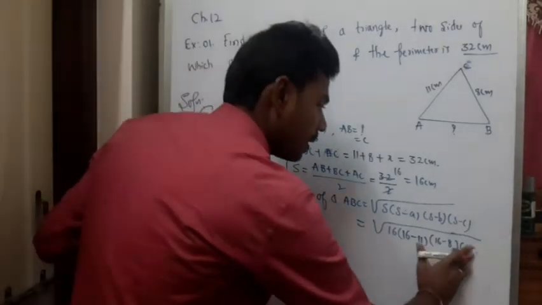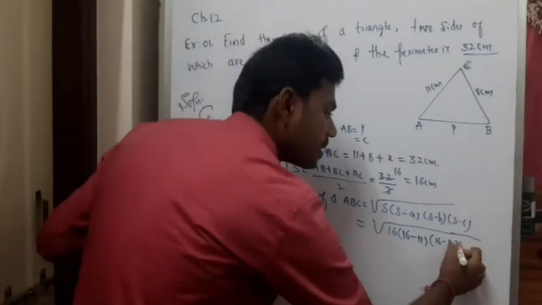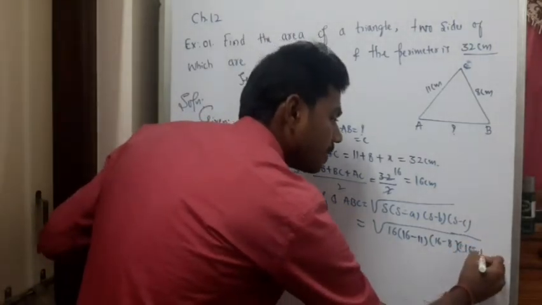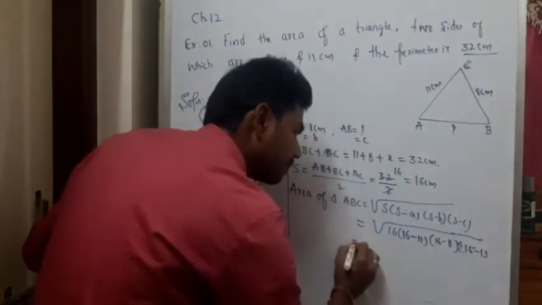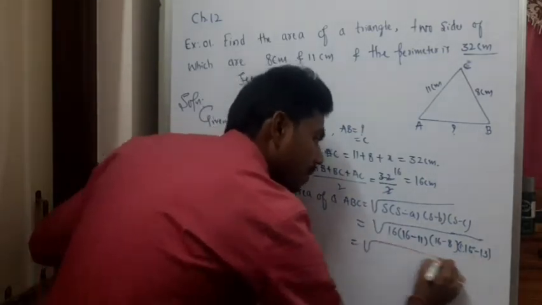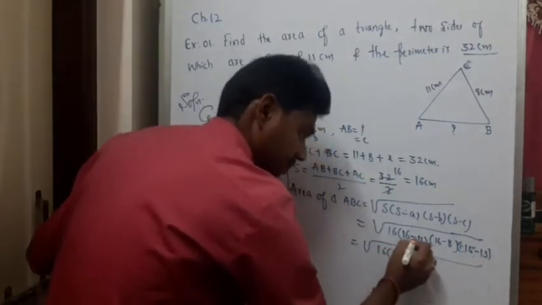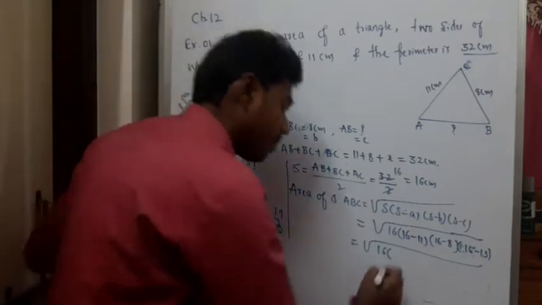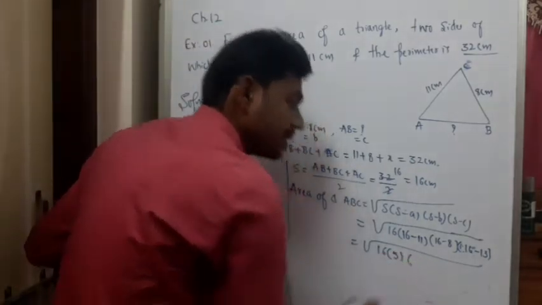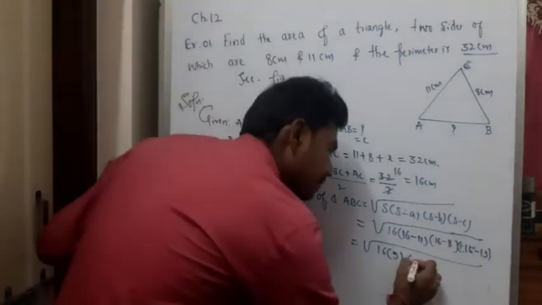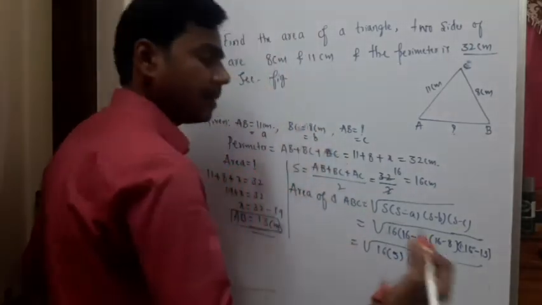Now 16 into 16 minus 11 is nothing but 5, 16 minus 8 is 8, next 16 minus 13 is 3.